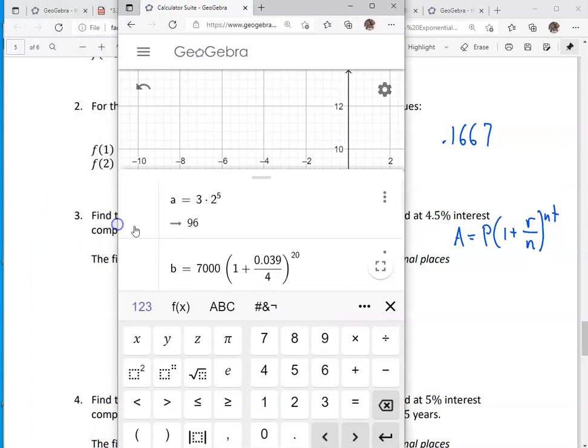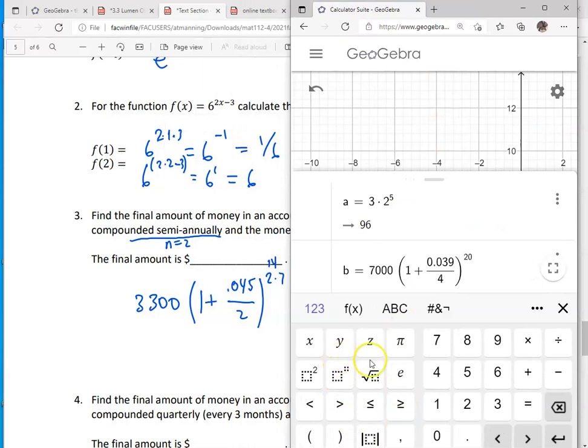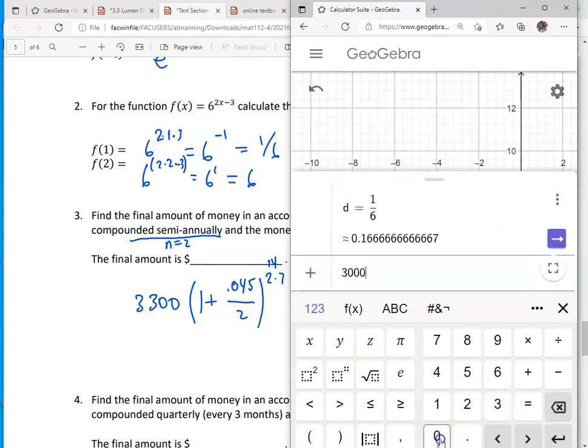Will it shrink on me? Let's see. Plug it in. We'll do the 3,000 times, left parenthesis, 1 plus 0.045 divided by 2, parenthesis, and the right arrow, make sure I get out of there, and take that to the power of 14.